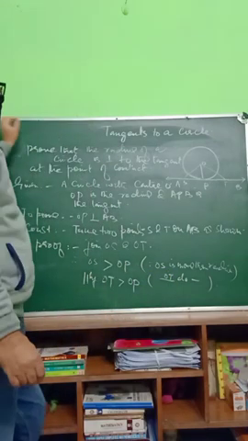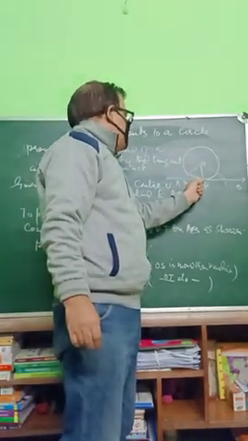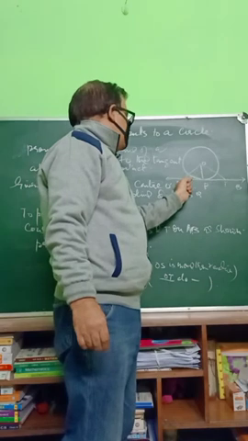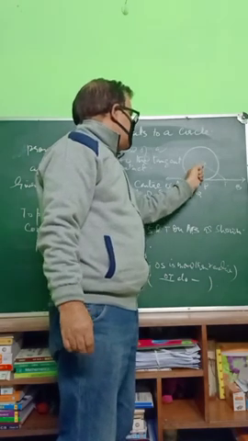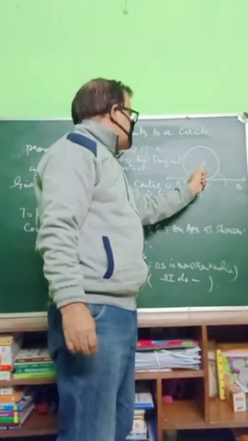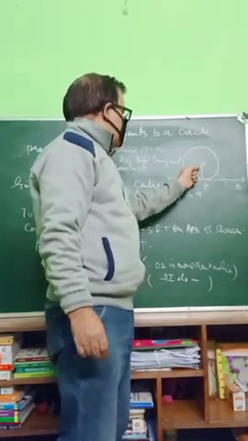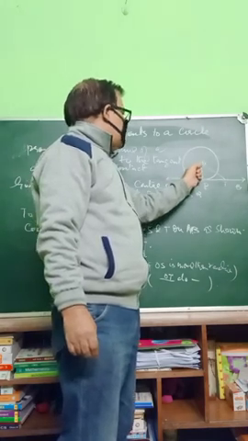So any point which we take other than P, whether this and this, or this and this, all these line segments from O to those points will be more than OP.